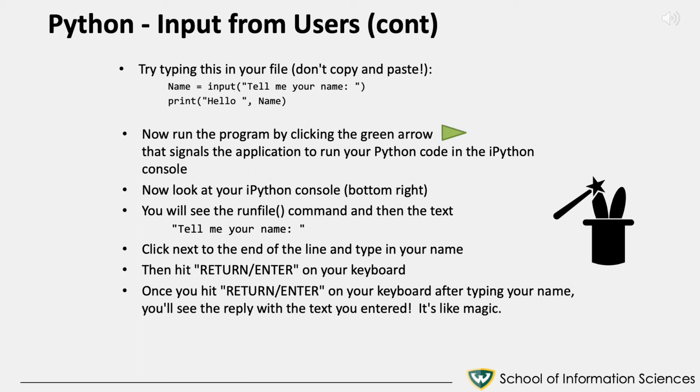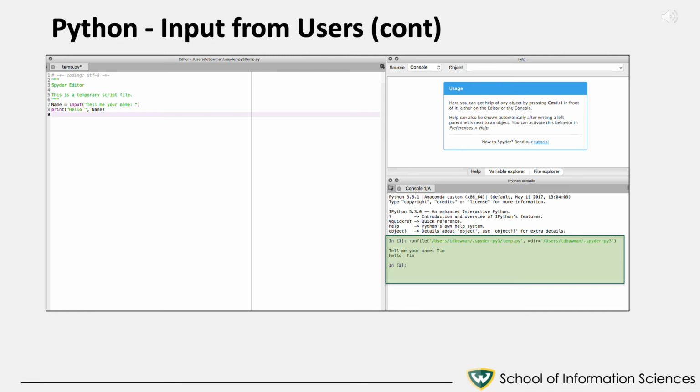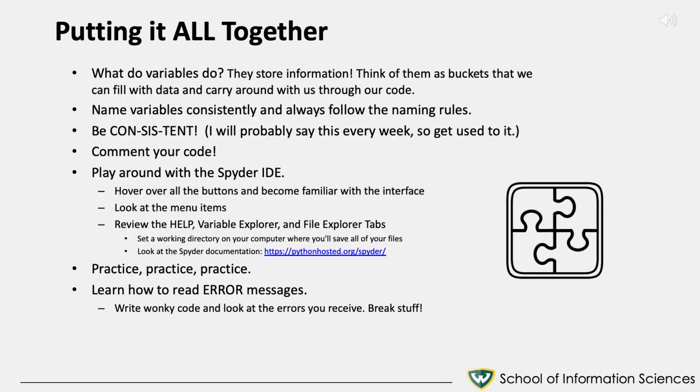It's magic. Here's exactly what you need to do. Left side, type out that code. Hit run at the top, which you don't see on the slide. And then in the bottom, you'll see tell me your name. I typed in Tim, and then it says, hello, Tim. Pretty cool.